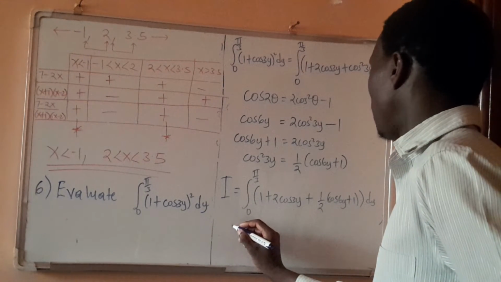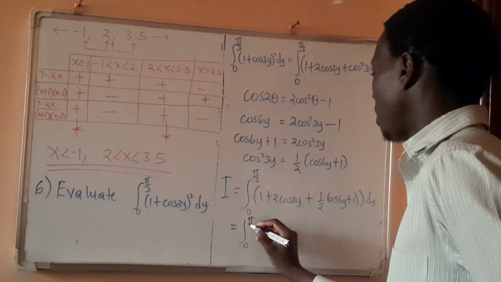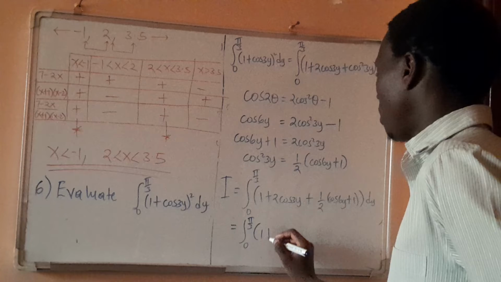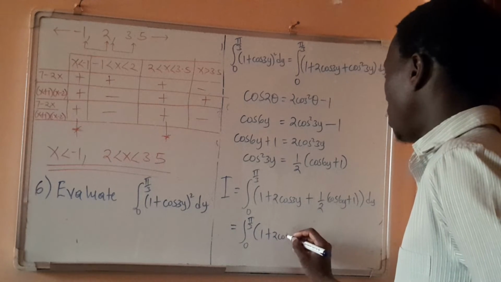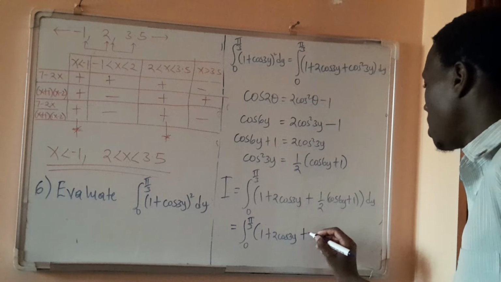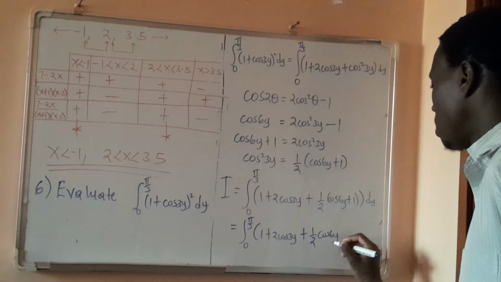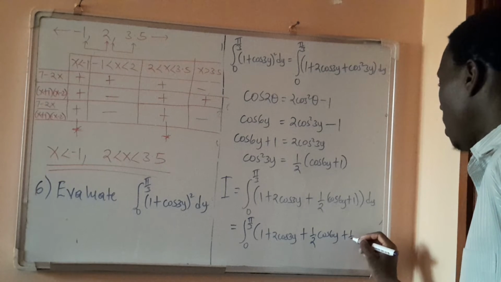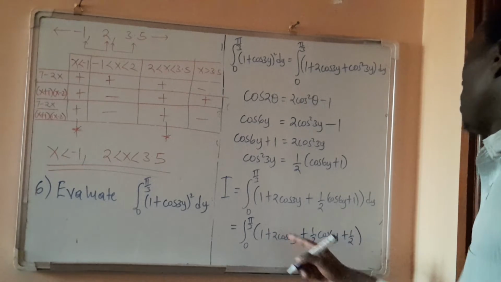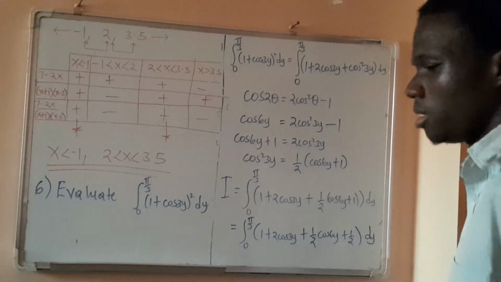So this is the same as the integration from 0 to pi over 3 of 1 plus 2 cos 3y, plus a half cos 6y plus a half dy.